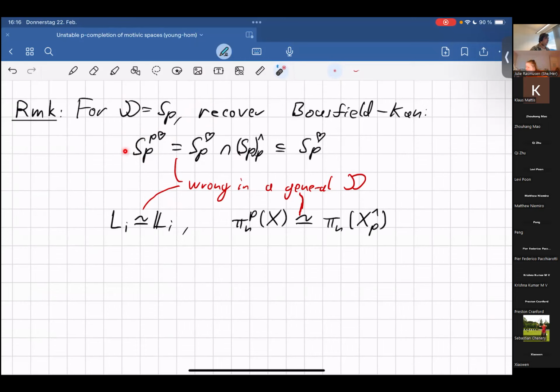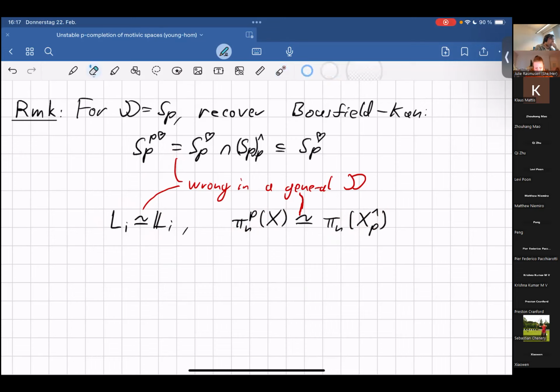So these are exactly abelian groups which are derived p-complete, and using this we can identify the old derived p-completion functors with the new derived p-completion functors, and actually we can compute the p-adic homotopy groups of some spectrum X by taking the normal homotopy groups of the p-completion of X. But I have to warn you that in general, in a general category, all these three isomorphisms are totally wrong and will not be true.